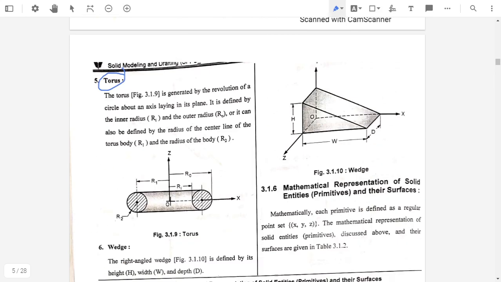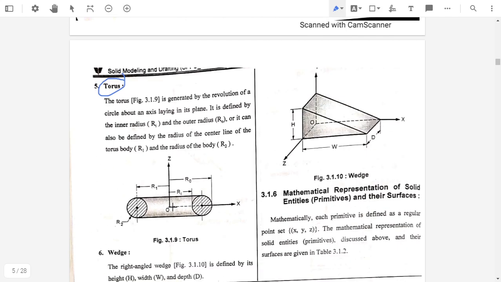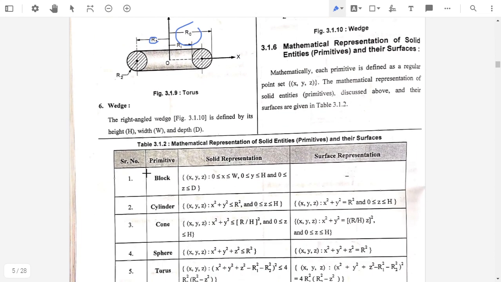Then there is a torus. Torus is just like a ring having some internal diameter, outer diameter, and then the diameter of the wire. So here are R1, R0 and R2. By changing its dimensions we can change the dimensions of the torus.